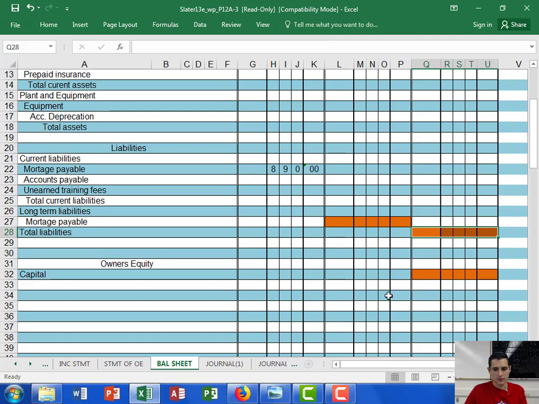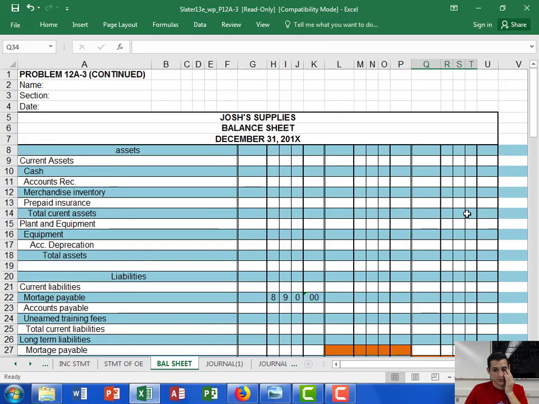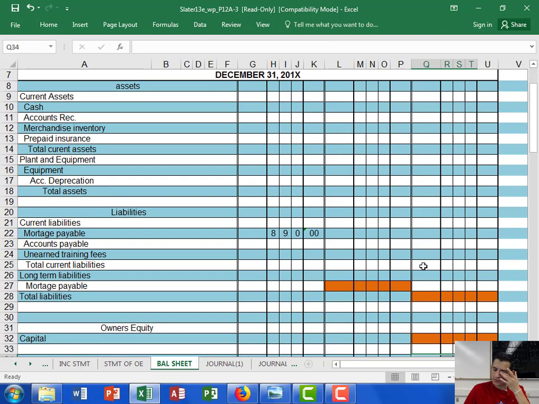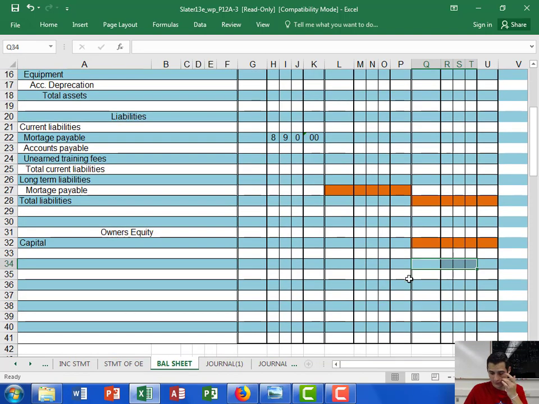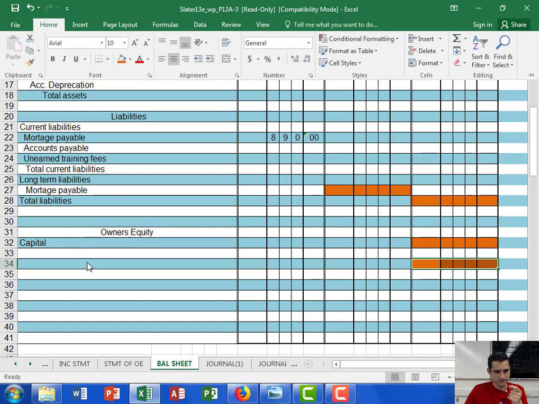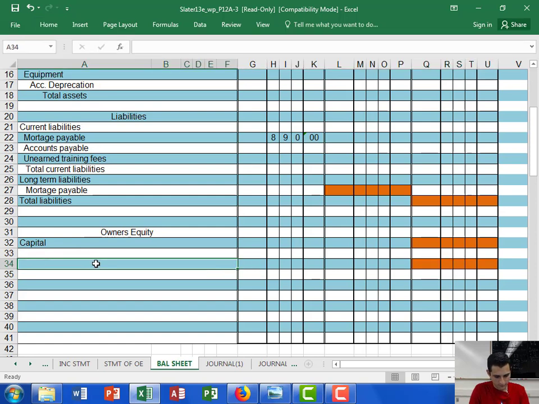So you're going to have your total liability number with your total capital number to get a number that should balance with the other number up here for total assets. Okay, so then this number here will be your final number for total liabilities and owner's equity.